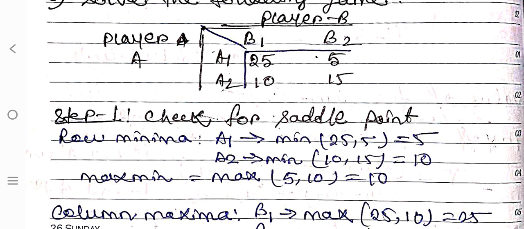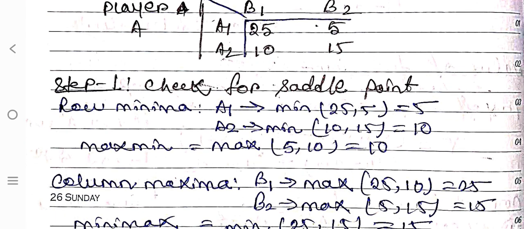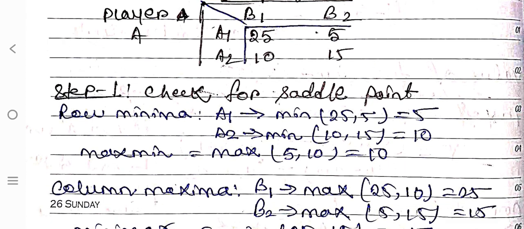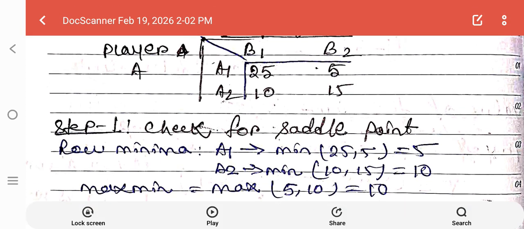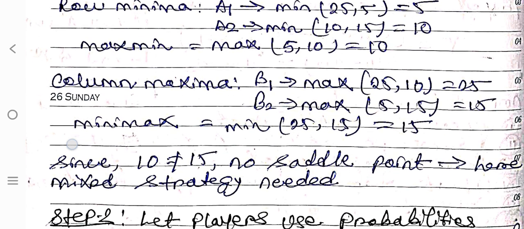Row minima: along the A1 row, the minimum of 25 and 5 is 5, and the minimum value of the A2 row is 10. Take the maximin value, the maximum from the minimum set: max of 5 and 10 is 10.